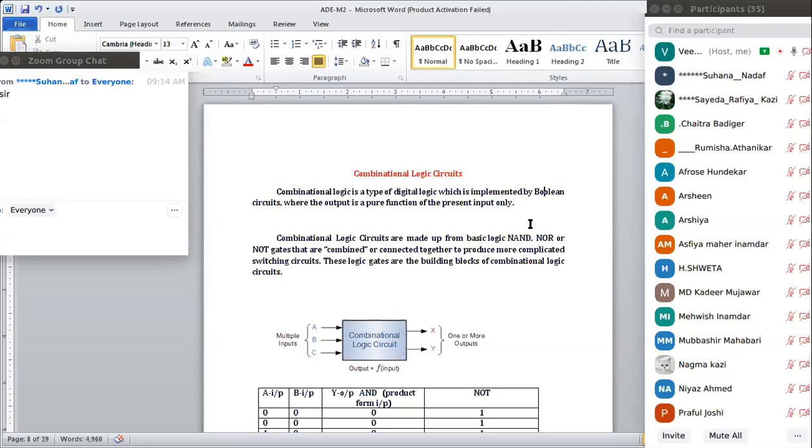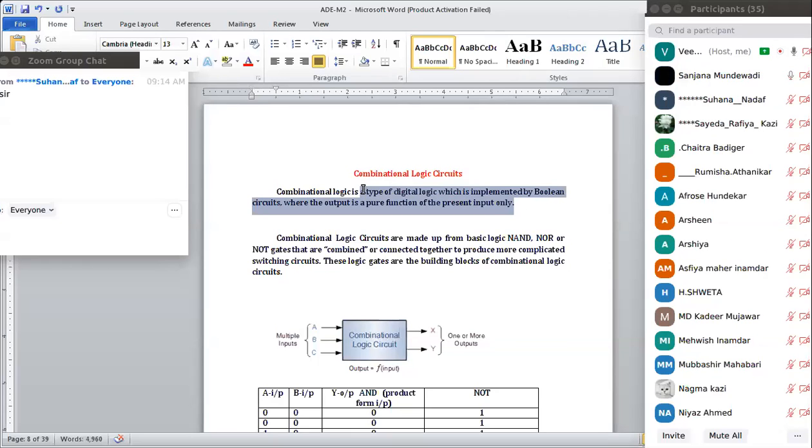Okay, whatever the input right now is given, the output is going to depend on that, because other circuits may have a memory. In a memory, there may be previous data, there may be future data, whatever it may be.